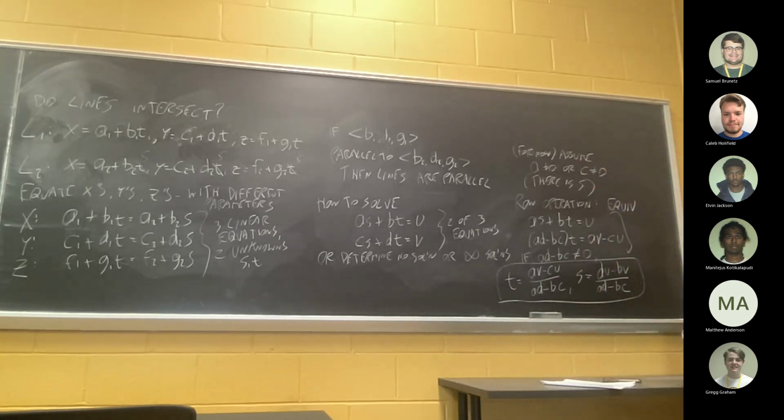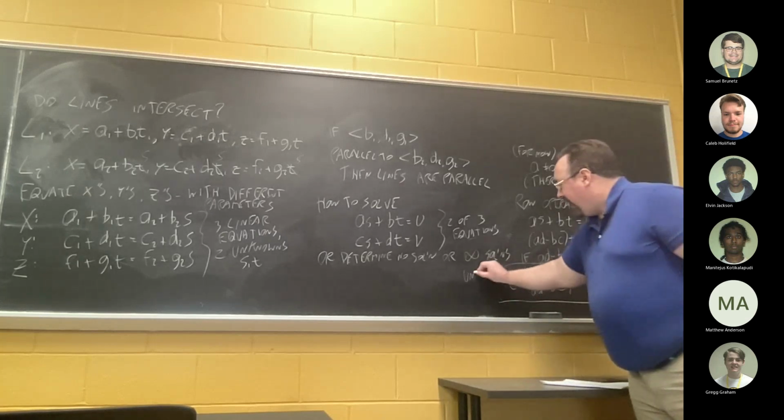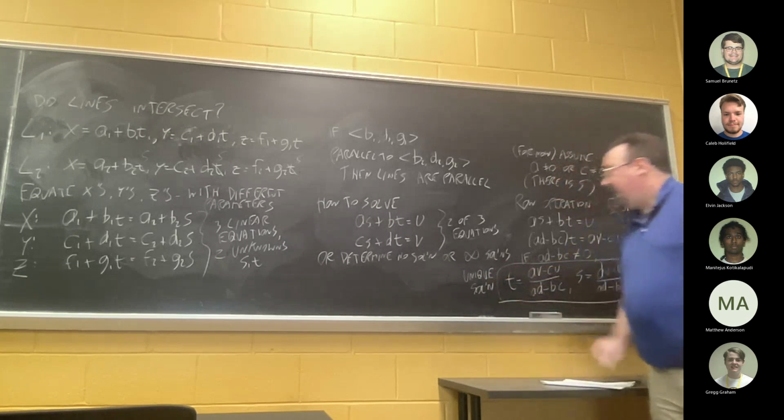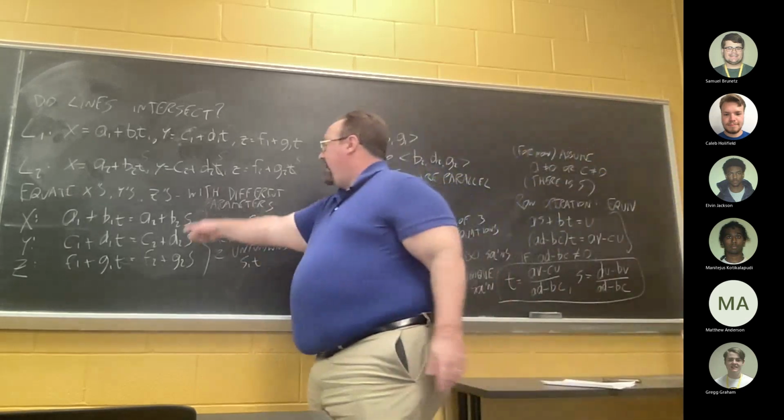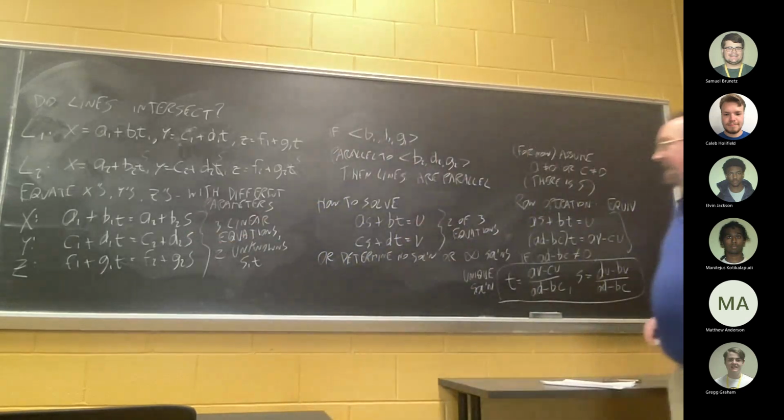And what we have here is an instance of having a unique solution. These are the possibility that the two lines intersect. Because in terms of the x and y components, if I chose the x and y equations from this system and worked with that, that's what would be happening. If you look at just the xy planes, the lines do intersect, but you also have to check z.